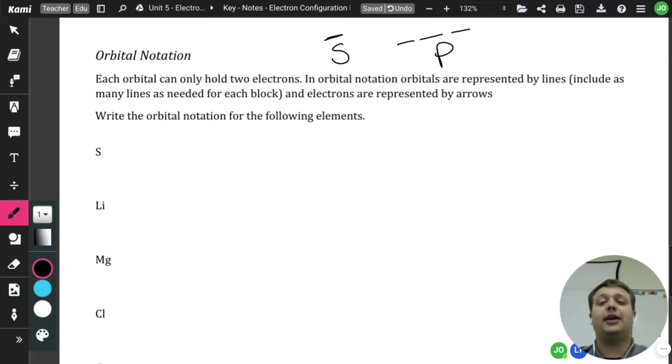D can hold up to 10, so we need 5. F can hold up to 14, so we need 7, right? So the number of orbitals you need should relate to the total number of electrons you could have in that sublevel. Okay. So again, each orbital will hold 2, but otherwise it's basically electron configuration.